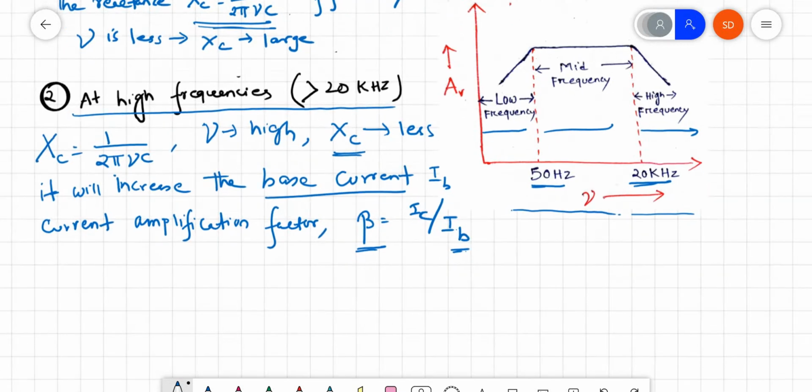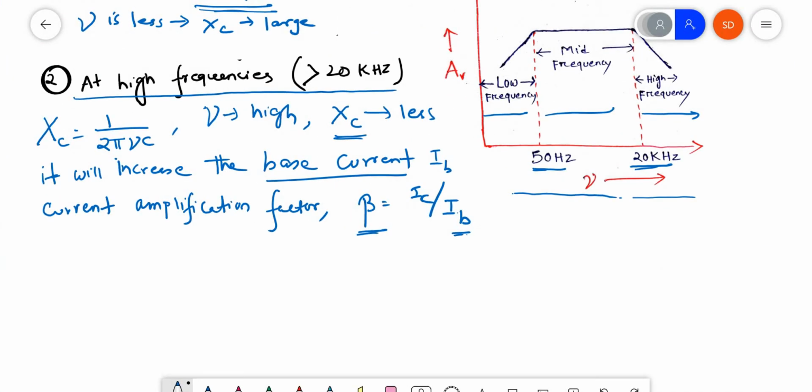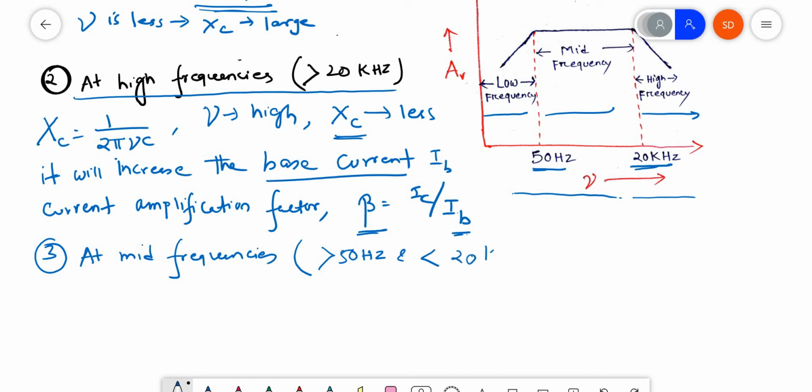Now let's discuss the mid frequency range. Mid frequency means greater than 50 hertz and less than 20 kilohertz.